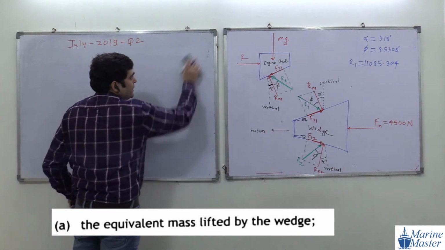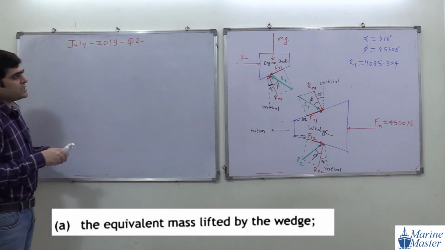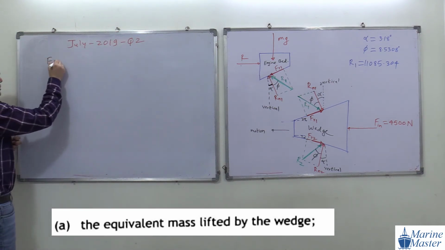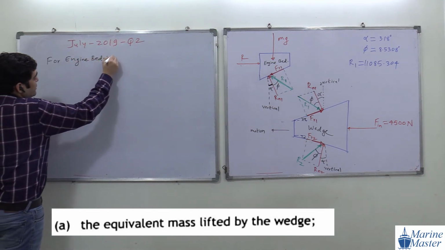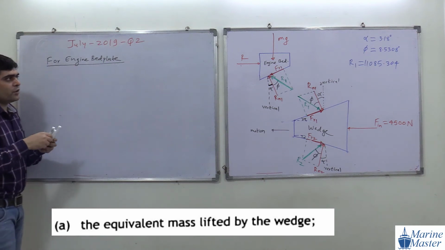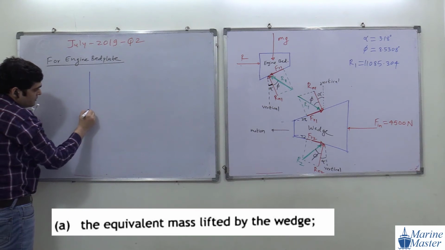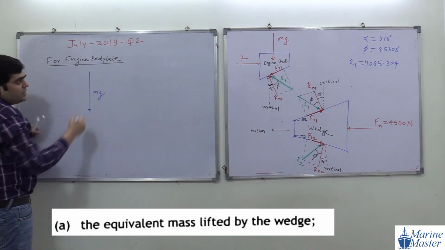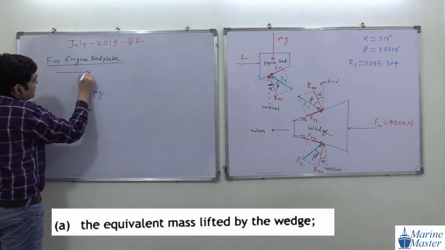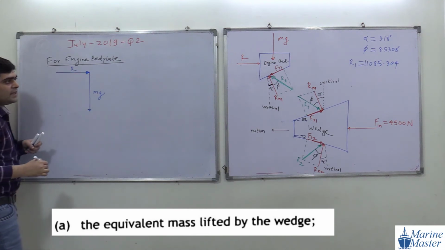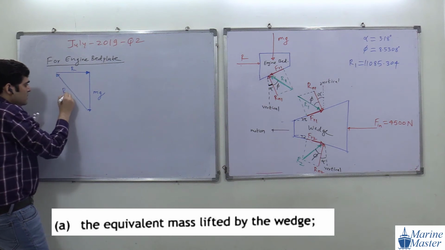See the point, everyone. So what will be the scenario here? Now we will come forward to the engine bed plate. For the engine bed plate, there will be mg, then the resultant reaction R, and then R1.